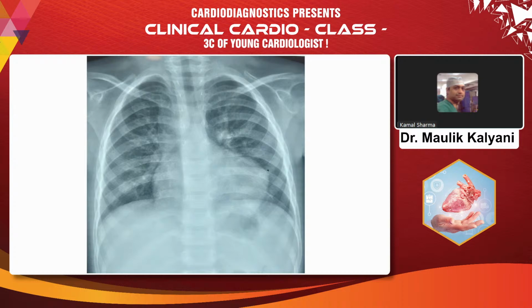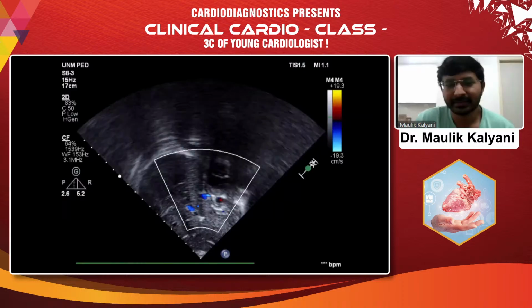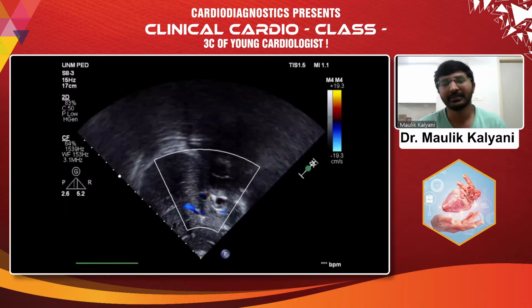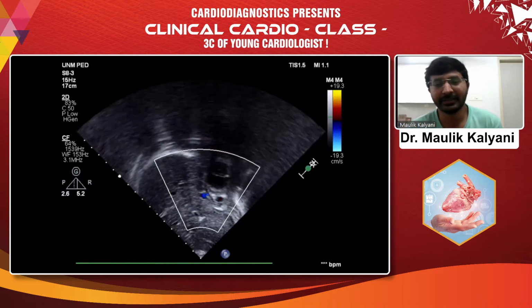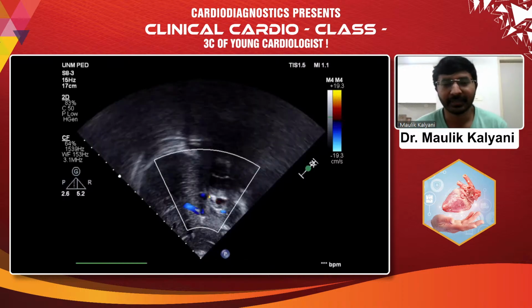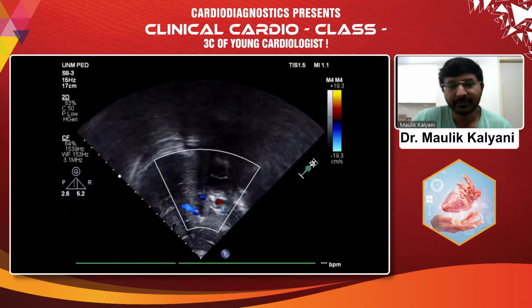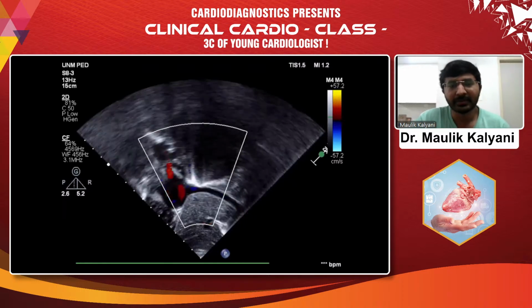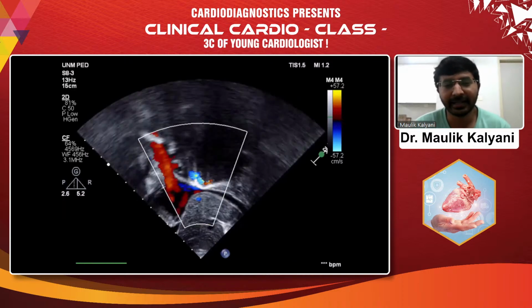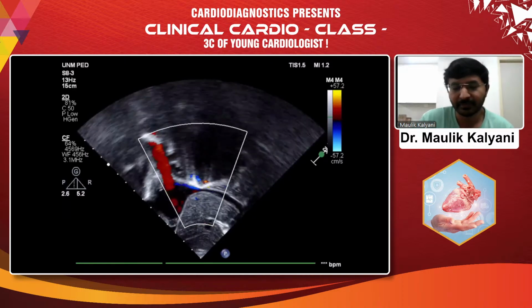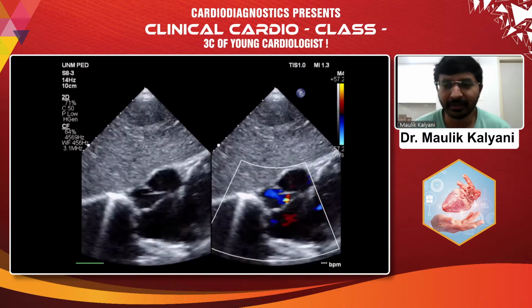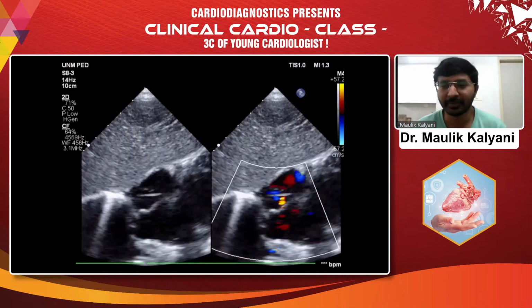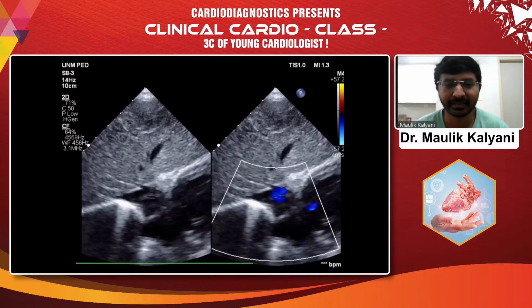Okay, echo. So this is situs solitus, with aorta on the right side and IVC on the left side. Both SVC and IVC are draining into the left-sided atrium. This is a subcostal window showing a small PFO with a bidirectional shunt.